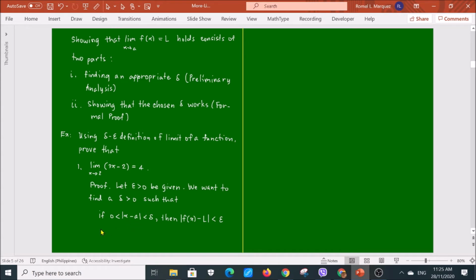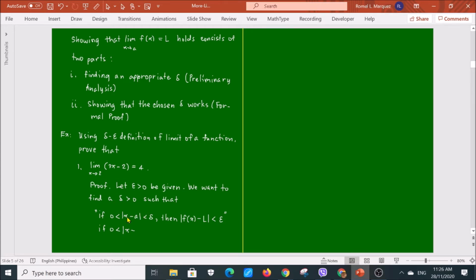But what is our a? So we have if the absolute value between x and a. So what is our a here?